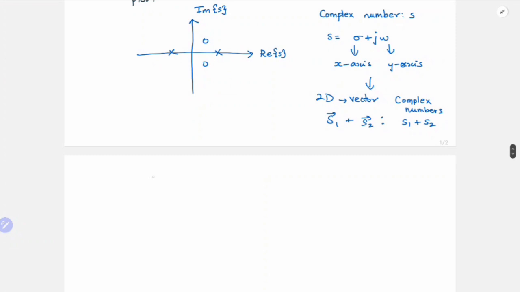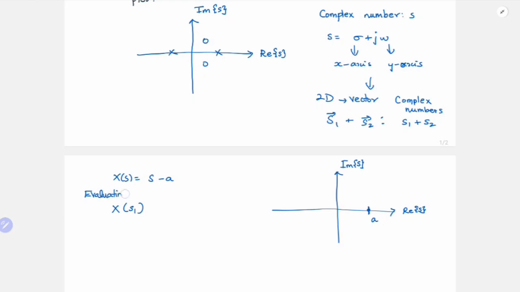Let us consider a single-zero system, x of s equal to s minus a. So how do we represent this here? It has a 0 at s equal to a. So let's say this point is a. We have imaginary of s, real of s. We want to evaluate it at, let's say, the point s1. So x of s1, evaluating at s equal to s1, how does it look like? s1 minus a.